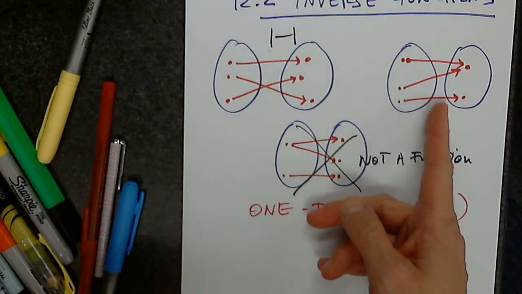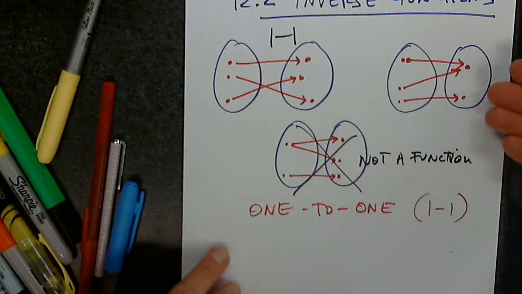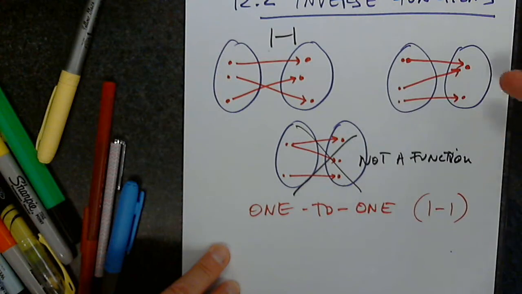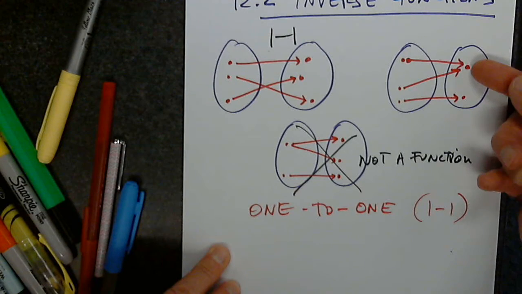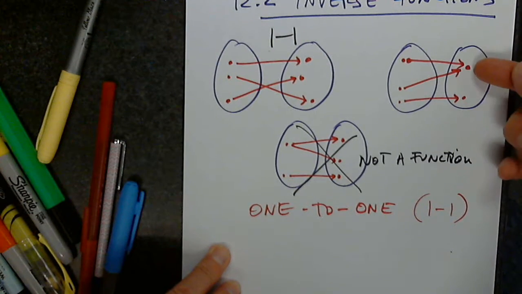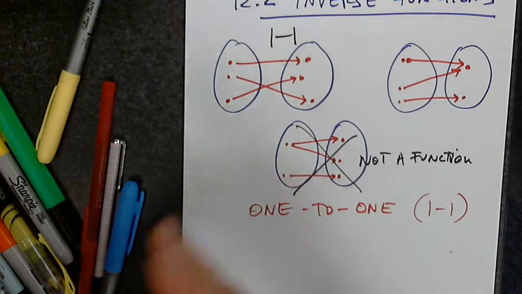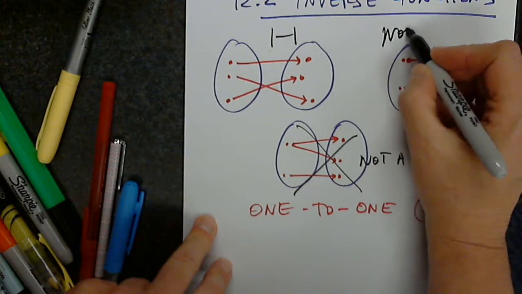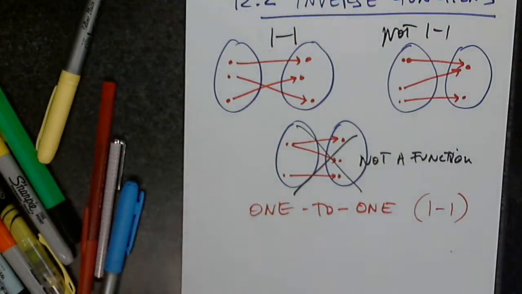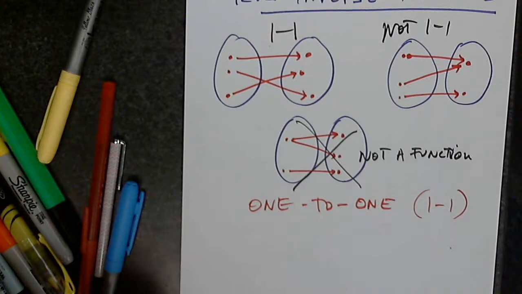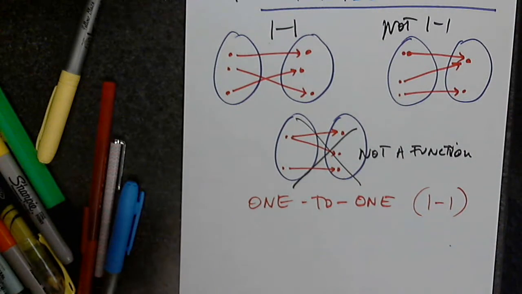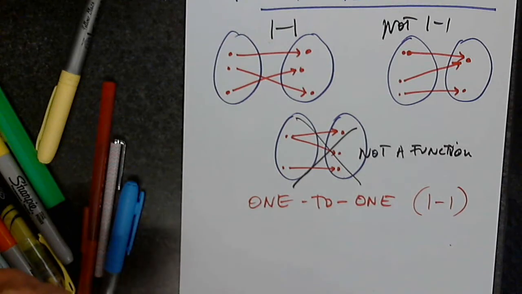This one does not have the property of 1-to-1 because when we want to go backwards, this y, I wouldn't know where to go. This y corresponds to 2 different x values. Although it's a function, it's not 1-to-1. Now, why is it so important to even discuss the one-to-one property?